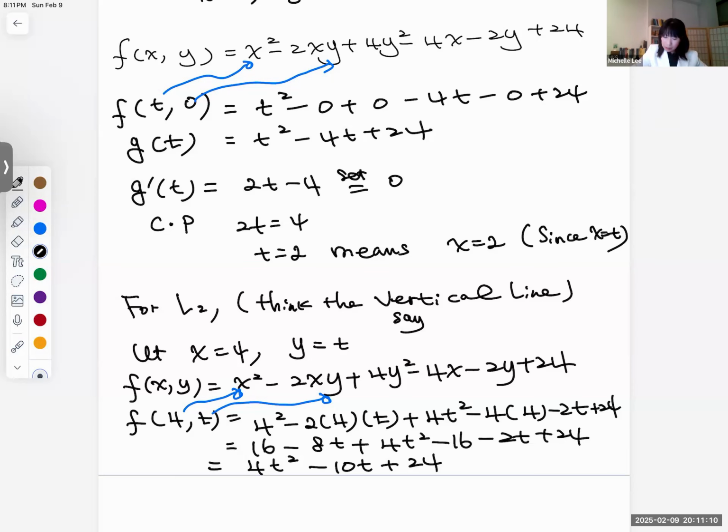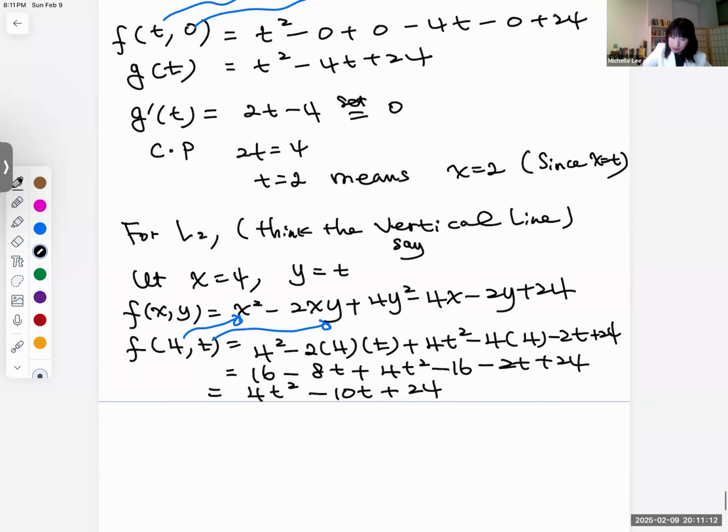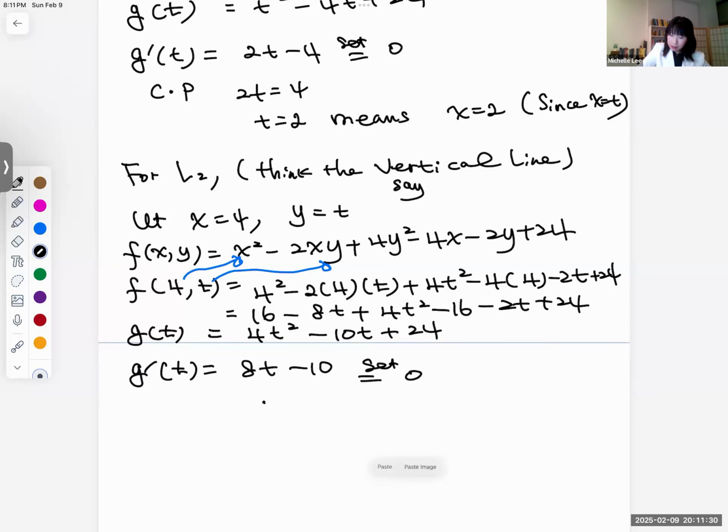Now let's say that this is g of t. Then we want to find the critical point. So g prime of t is 8t minus 10, set equal to 0. What's the t? T equal to 10 over 8, which is the same as 5 over 4.